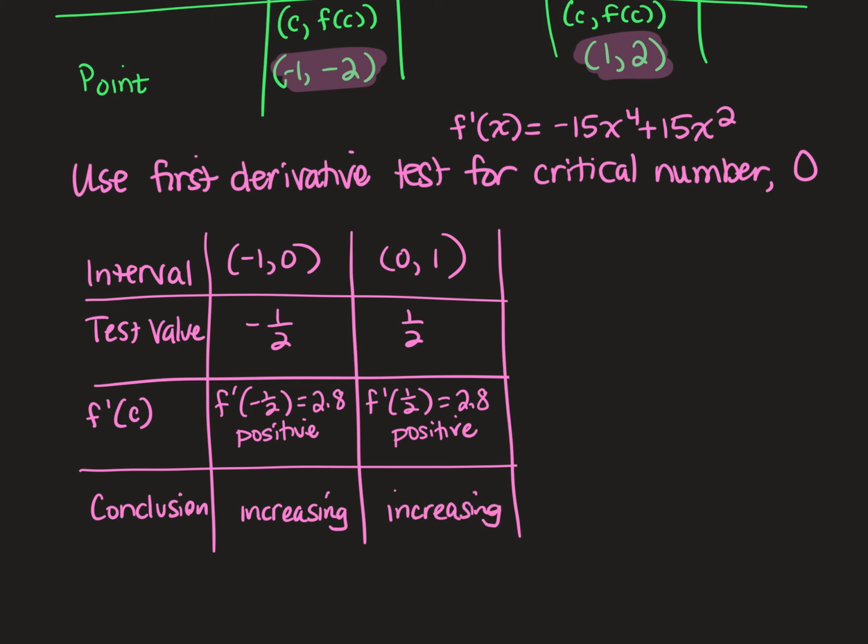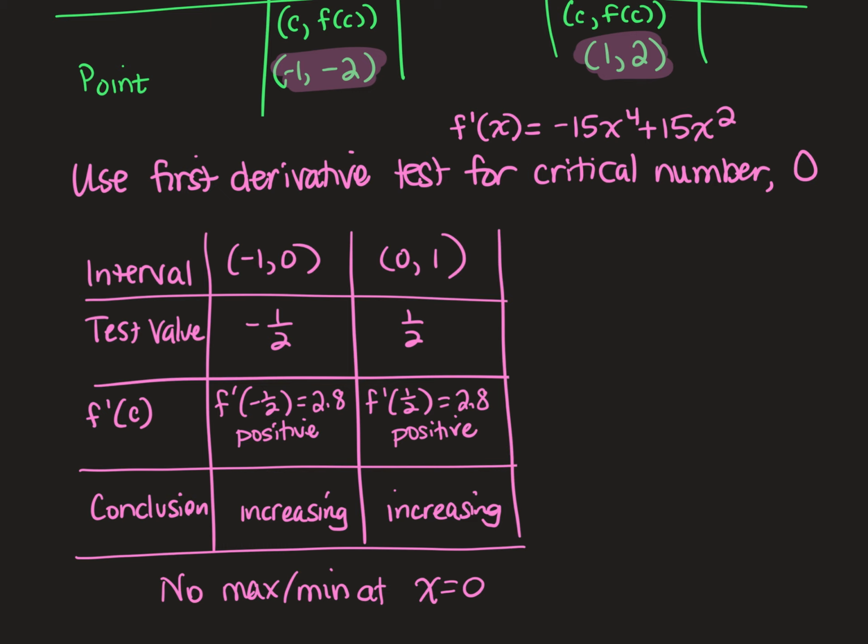And if you remember, our maximums and minimums come from places where we have an increasing interval bumping up against a decreasing interval, and we don't have that happening here. So what that tells us is that there's no max or min at x equals 0.